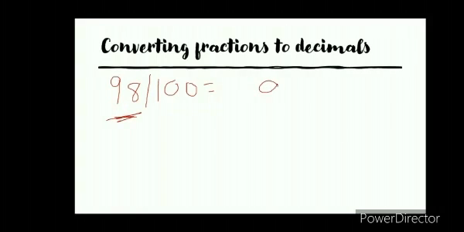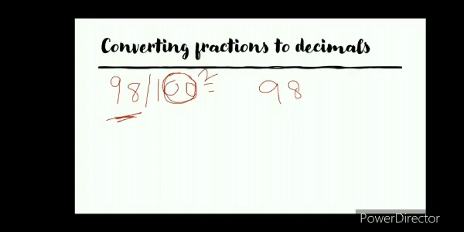You have to write 98 since there's 98 in the numerator's place. The next step is to see how many zeros are there in the denominator's number. Remember, we're doing it by 10, 100 and 1000, no other number than those three. So we have 2 zeros in here.